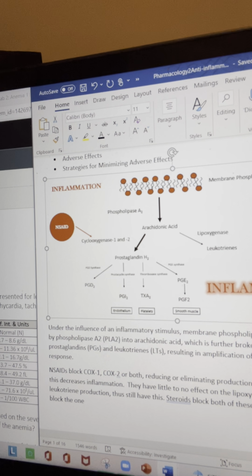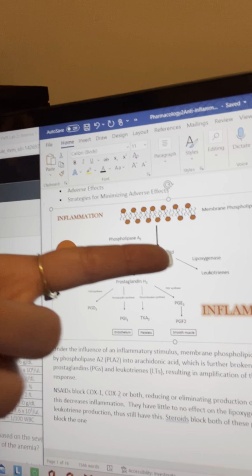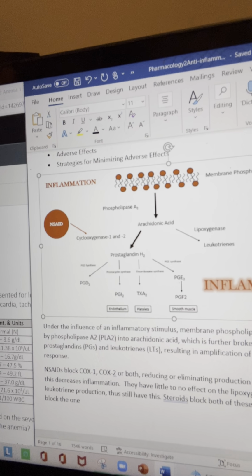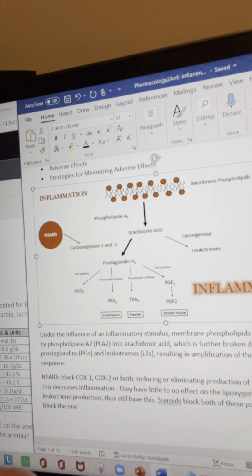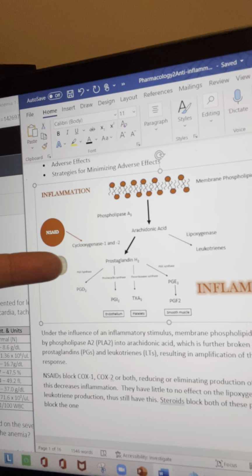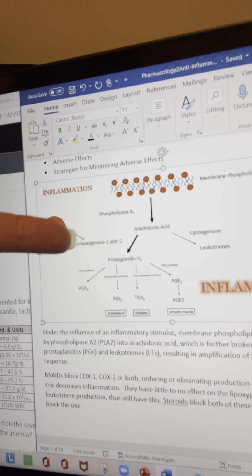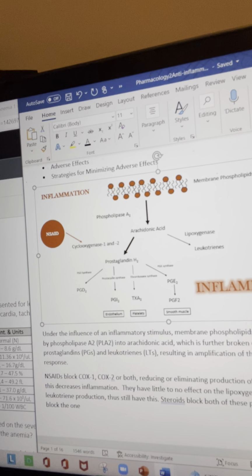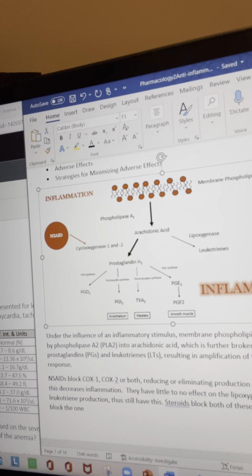With this decreased inflammation, they have little to no effect on the other pathway, though, where the arachidonic acid is yielding the leukotrienes. So basically, the NSAIDs only block the production of the prostaglandins. But if you use a steroid, it blocks both of these pathways. But for NSAIDs, it blocks the production of the prostaglandins.